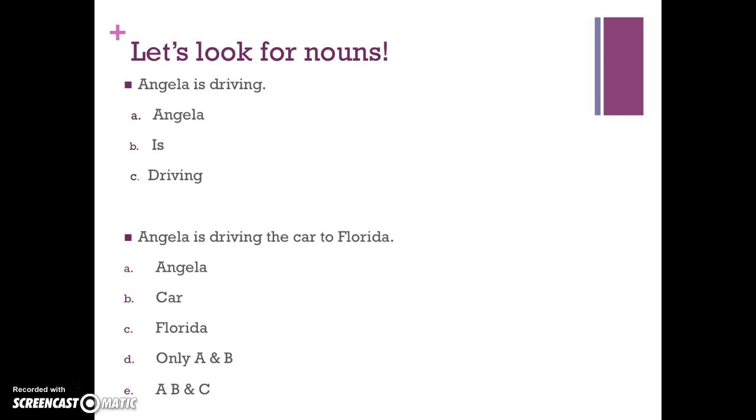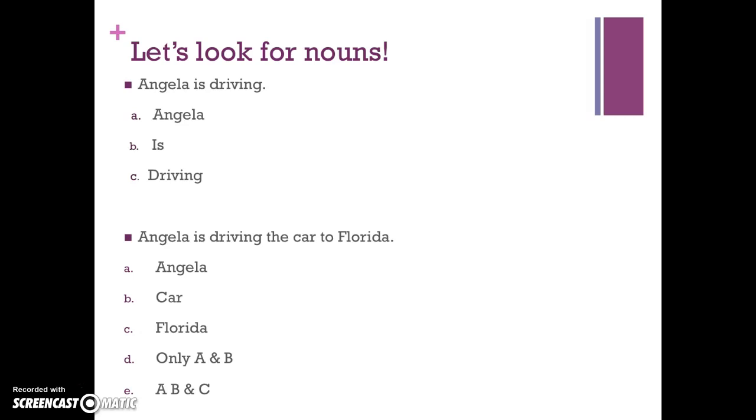Moving on to the second sentence. Angela is driving the car to Florida. Is the answer A, Angela, B, car, C, Florida, D, only A and B, or E, A, B, and C? We already know from the previous sentence that Angela is a noun because she is a person.